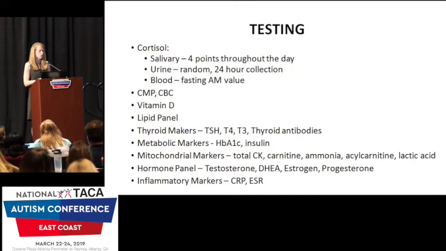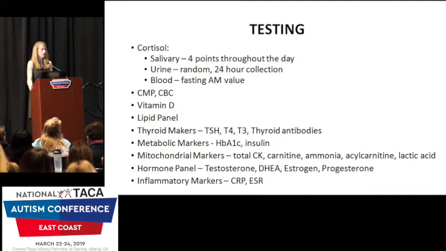You want to look at liver and kidney function with a CMP, a CBC, vitamin D, a lipid panel, because remember I talked about the cholesterol, looking at all of the thyroid markers, also looking at the thyroid antibodies, which I put up there for the autoimmune component, and metabolic markers, so a hemoglobin A1C and a fasting insulin.